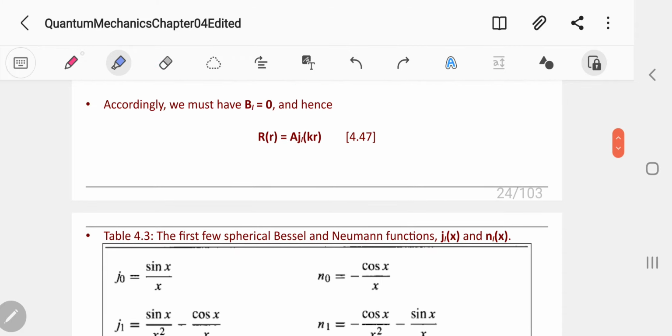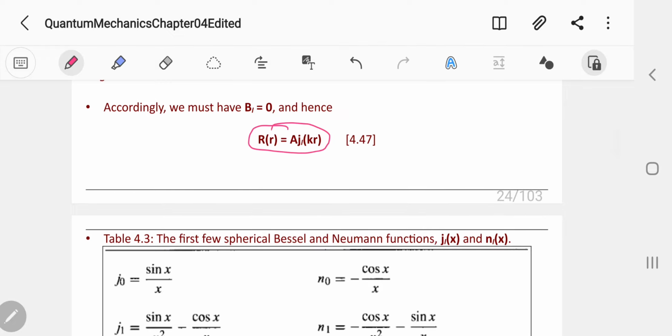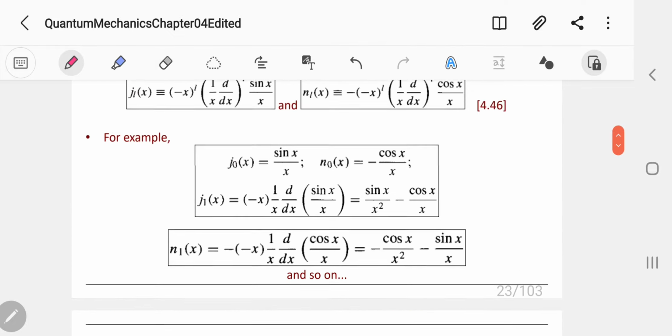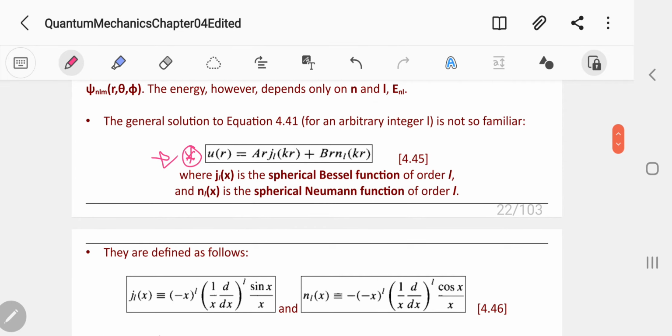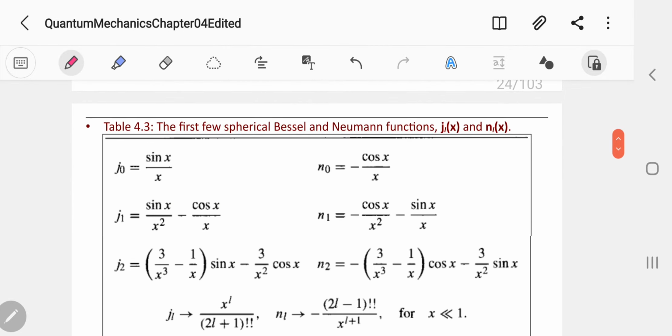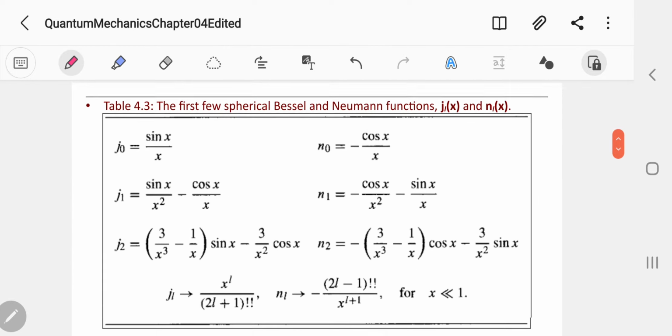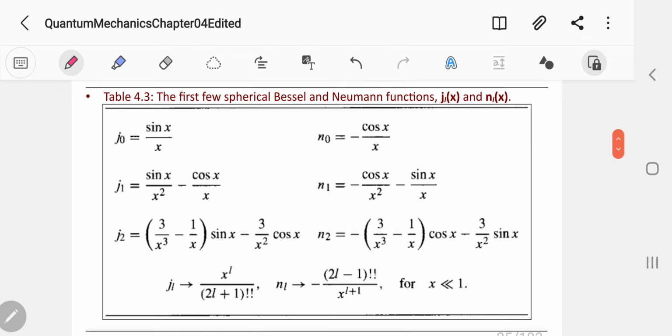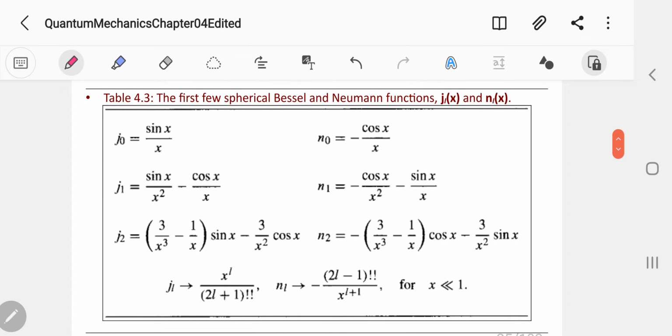So our R would now have this form for very small x. So this one is equal to 0 for small x. So here are the first few spherical Bessel and Neumann functions, JL and NL.